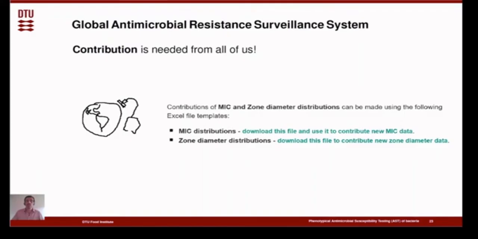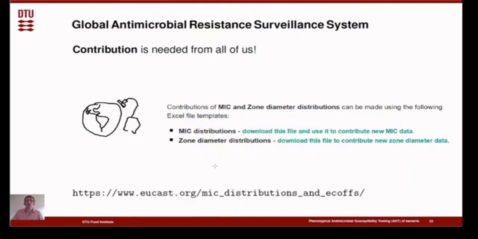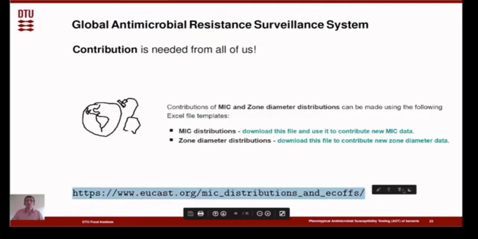So it's a collaborative effort from everybody. These templates can be accessed here also in EUCAST, where you can download these forms to contribute to this global effort of antimicrobial susceptibility.